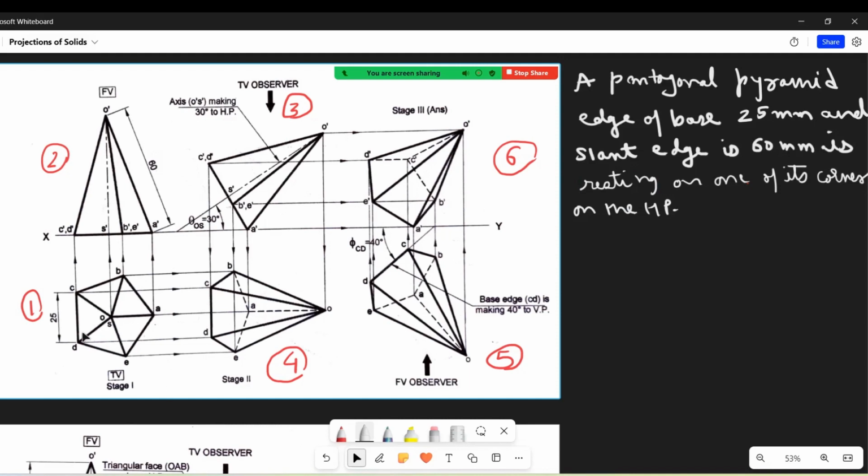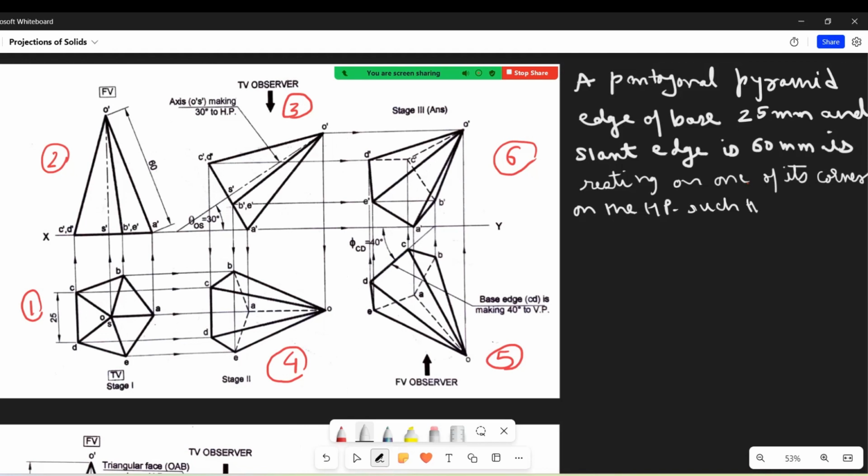Means in the top view, the edge which is opposite to the corner, that is this edge CD, which is opposite to the corner A on which it is resting, is perpendicular to the XY line in the top view. So this will be added in the question.